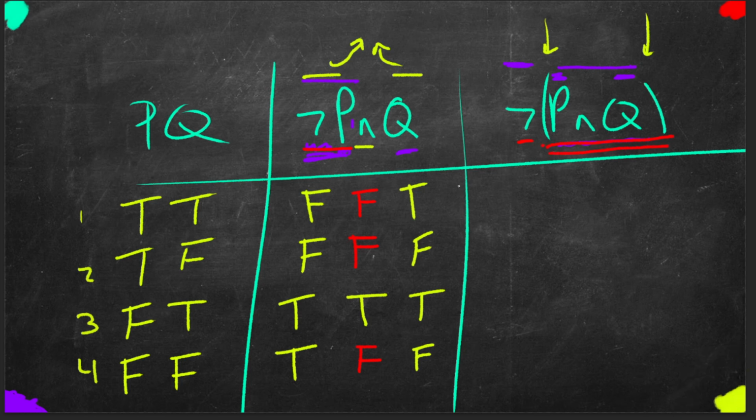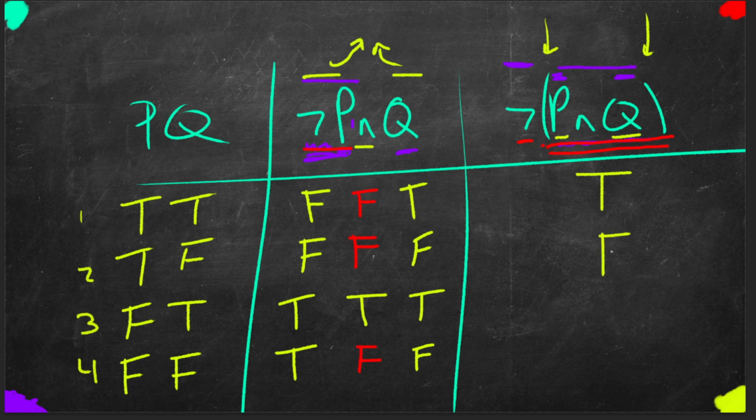So let's complete this. I'm going to determine the truth value of this conjunction P and Q straight away. Since I know a conjunction is only true when it takes 2 true truth values as input, I will quickly look at the interpretation function over here and see that only in row 1 are P and Q both true.